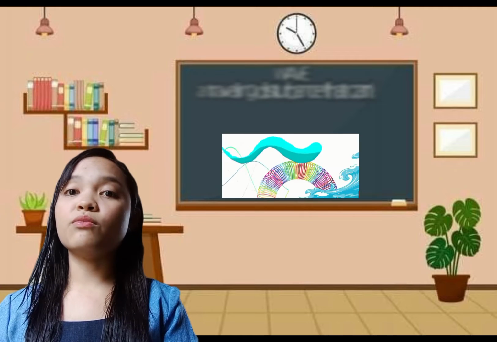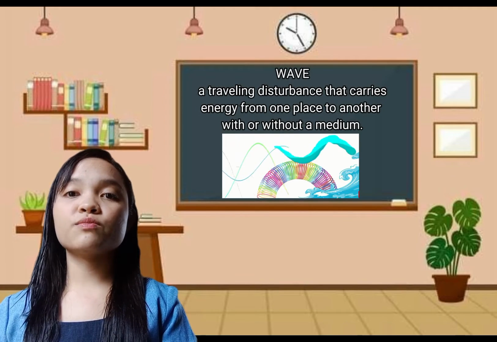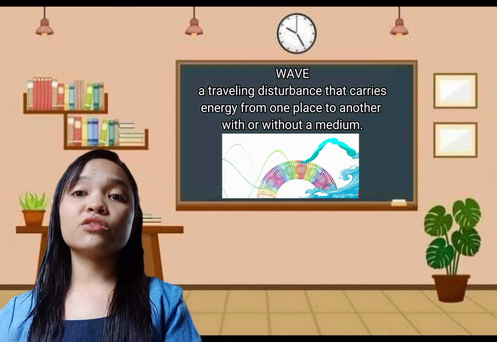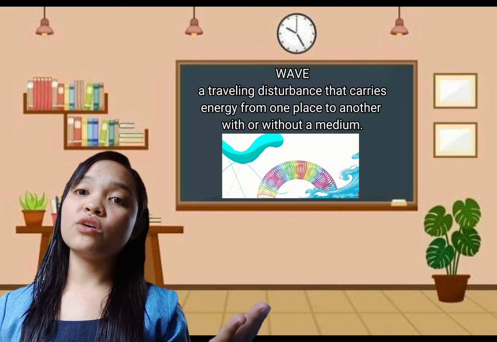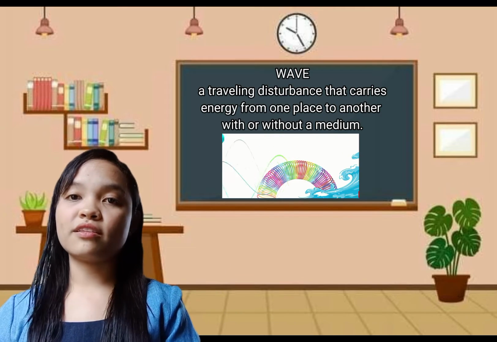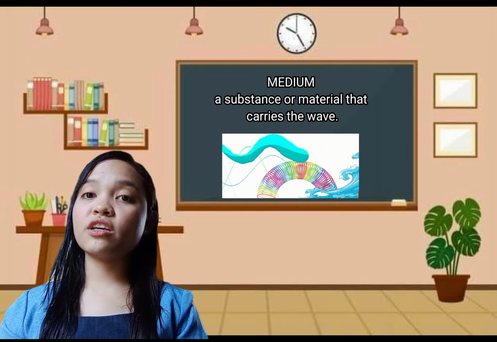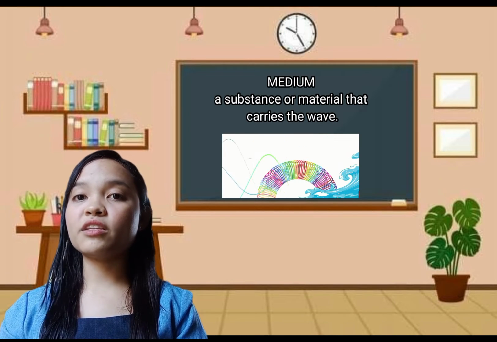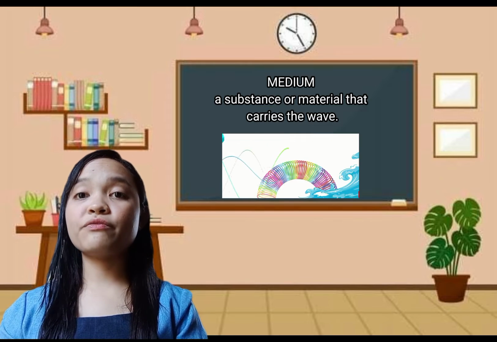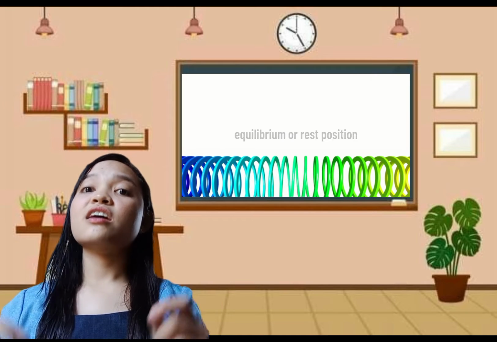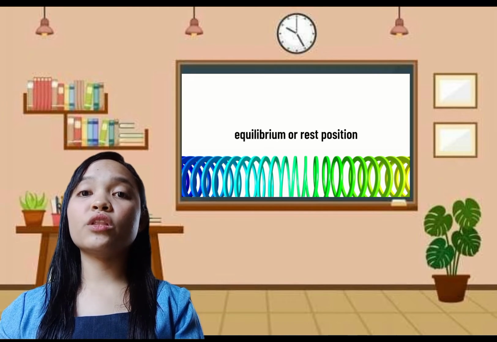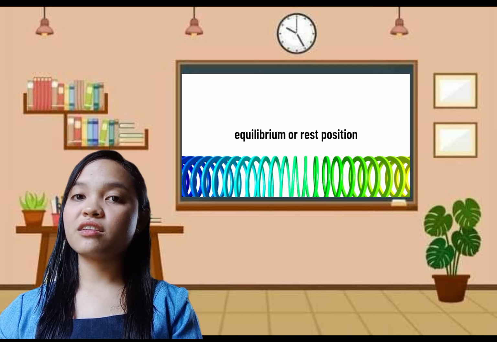A wave is a moving disturbance that transports energy from one location to another through a medium or without one. The wave is carried by a medium, which is a substance or material. The wave passes through a medium. Take a look at this slinky. If we stretch it, it will come to a point of equilibrium or rest.